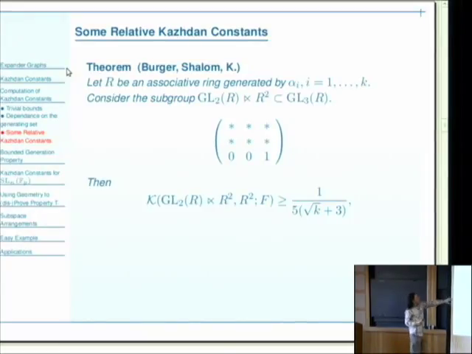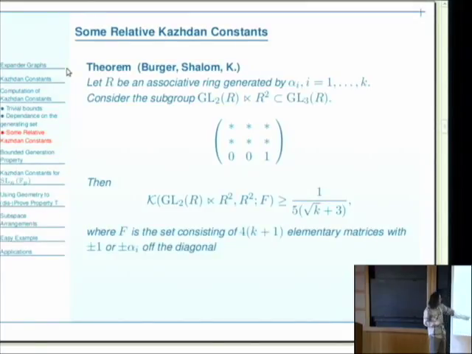Okay, so this group contains a normal subgroup where I put the identity matrix here and anything over here. And what this theorem says is that I can estimate the relative Kazhdan constant, and I have a nice bound which is independent of the ring. It depends a little bit on the generating set, on the size of the generating set. And what is F, this generating set here?